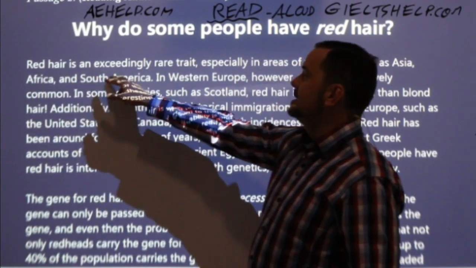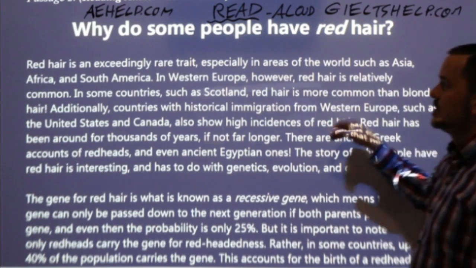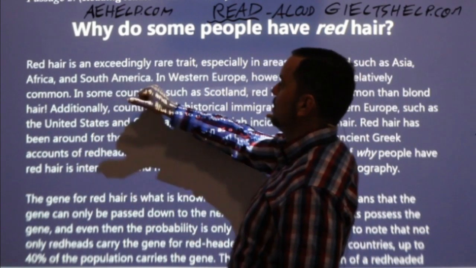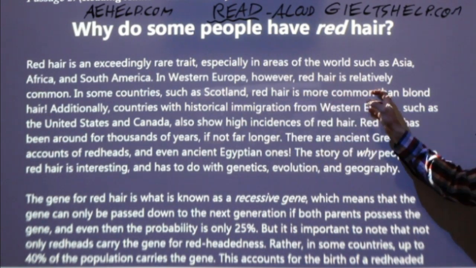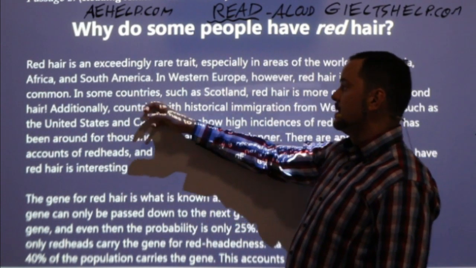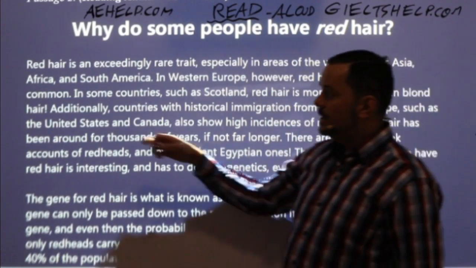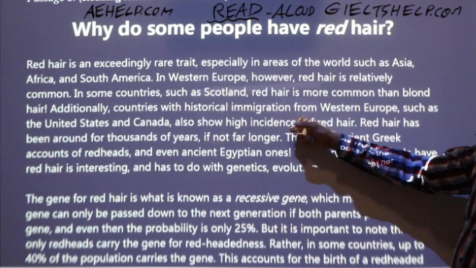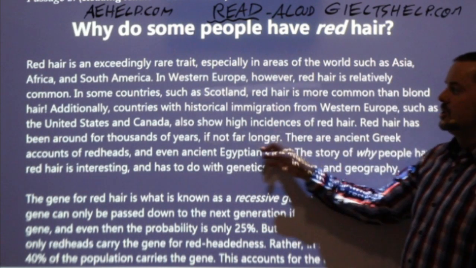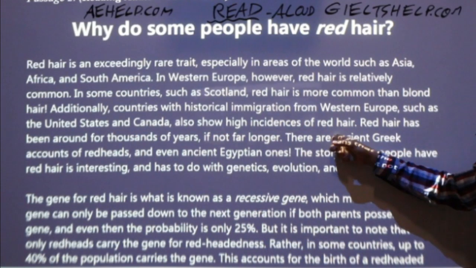Red hair is an exceedingly rare trait, especially in areas of the world such as Asia, Africa, and South America. In Western Europe, however, red hair is relatively common. In some countries, such as Scotland, red hair is more common than blonde hair. Additionally, countries with historical immigration from Western Europe, such as the United States and Canada, also show high incidences of red hair.